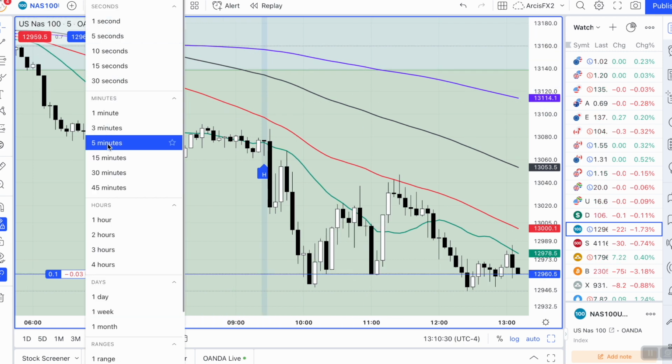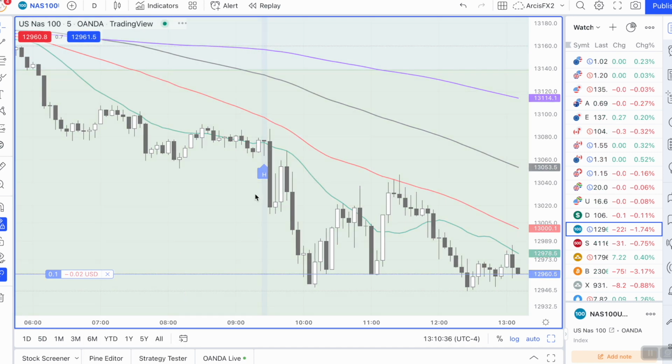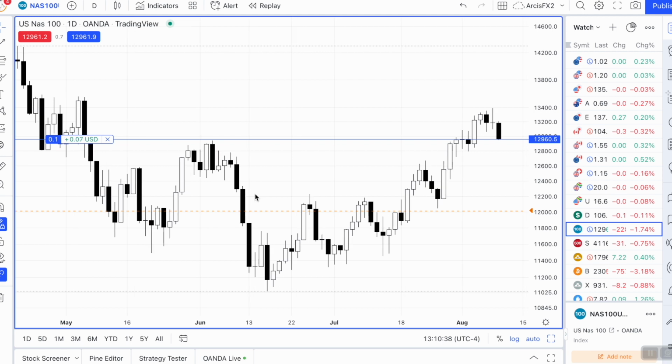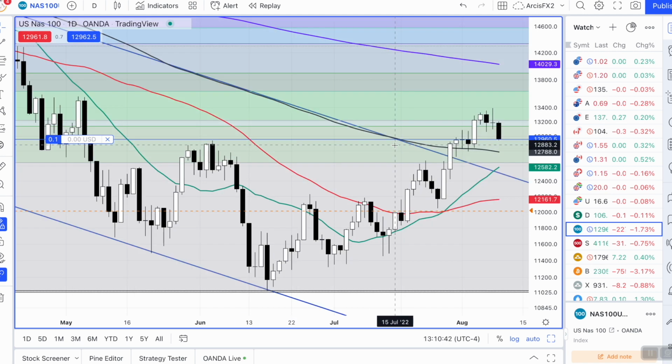I might just add one more position on it and see if we can't get 2 in. I mean, the chances of us getting down to, say, 129 are there. So that's at the top of the bodies of these candles. So that's 129. So I know kind of where I'd like to get another little bit in.